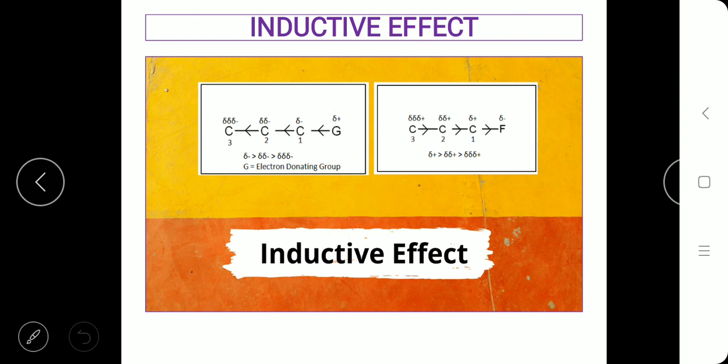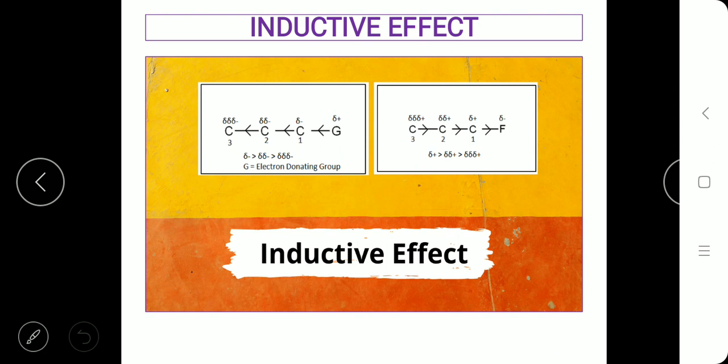And one more thing: as already said in the definition, the inductive effect always weakens as the distance increases. That is why at C1 we can see a slightly negative charge, whereas at C2 and C3 the partial charge is different.